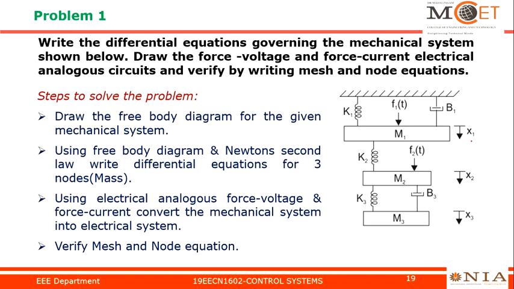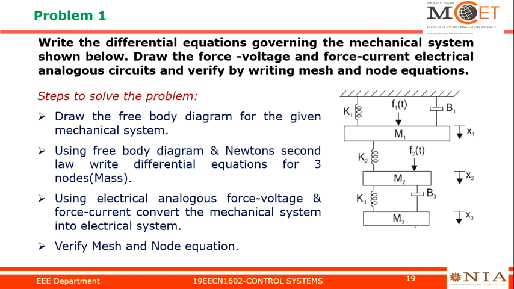And F1 of t is the applied force, X1 will be the displacement. And for the second free body, second node, M2 is the mass, and K2, K3, and B3 are other elements connected. F2 of t is the applied force for node 2, X2 is the displacement traveled.